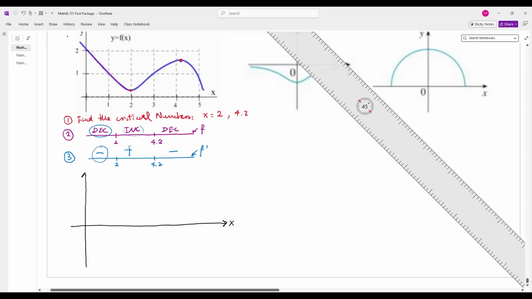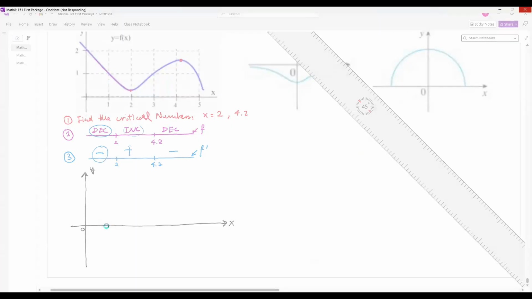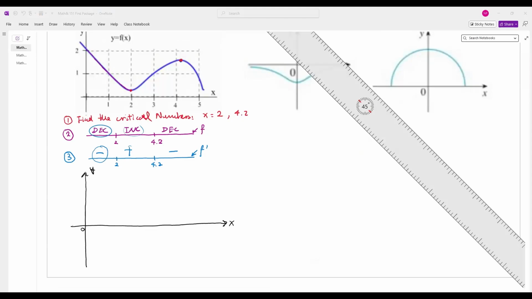Okay, let us sketch the function f prime now. I will have the scale on the x-axis: one, two, three, four, and five.